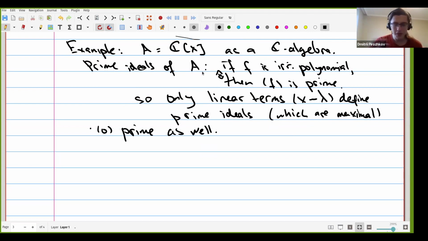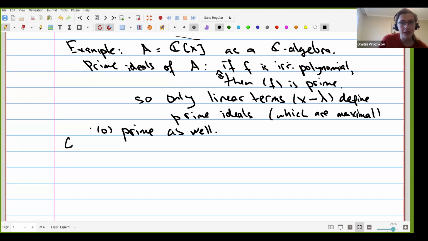Sorry, what I meant above was that for any ideal of this ring, since you can divide polynomials with a remainder, any ideal is generated by a single polynomial, and it will be prime if and only if the polynomial is irreducible, which in this case means it is linear.